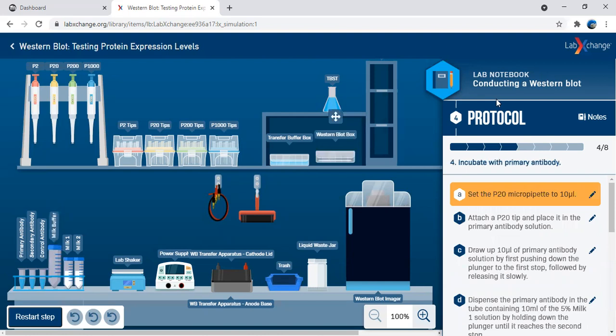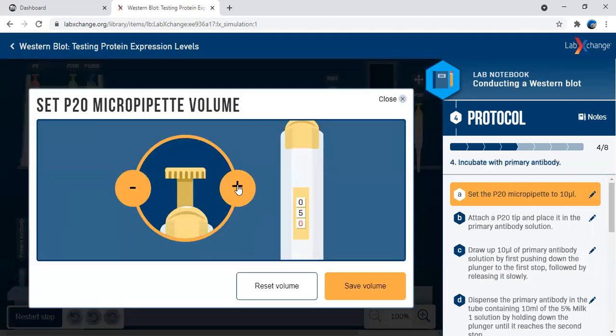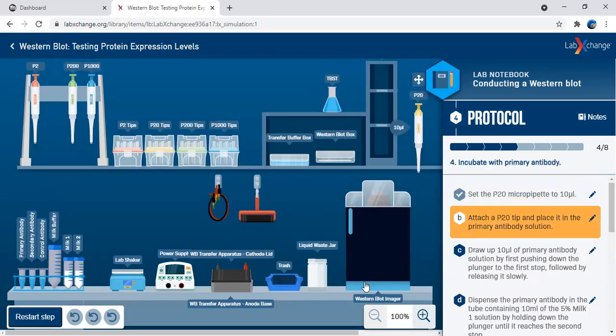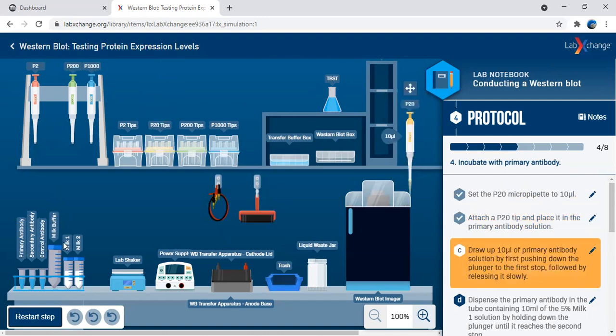Set the P20 micropipette to 10 microliters, which is this one. Attach a P20 tip and place it in the primary antibody solution, which is here. Drop 10.